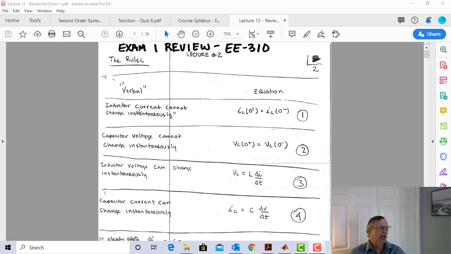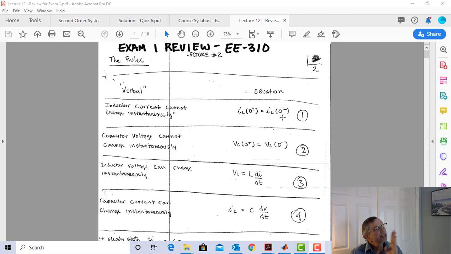On the verbal side for the inductor, we can't change the current through an inductor instantaneously. And we can justify that many different ways, but I'm just going to put my equation here that says the inductor current at time equals 0 plus is always going to be equal to the inductor current at 0 minus.